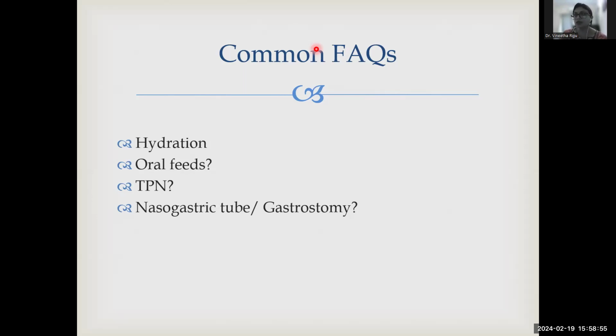TPN, as you know, you cannot give through a normal cannula, but now peripheral options like Peri-Kabiven are available, so you can try that. TPN is usually given through the central line. Now, nasogastric tube, we already talked about it. When there's a lot of distension, you can put an NG tube, but that doesn't prevent the patient from taking oral sips of fluid.